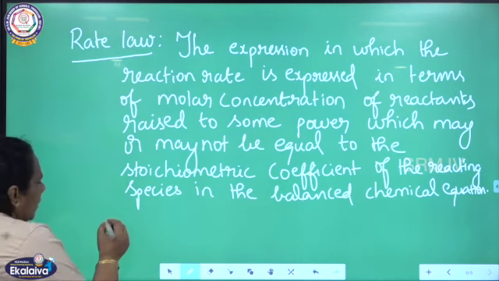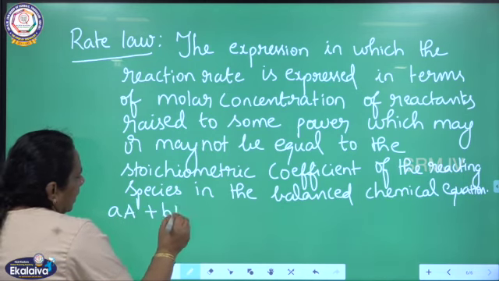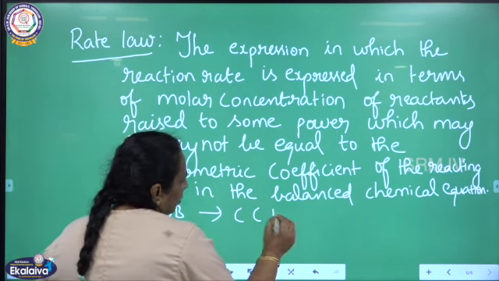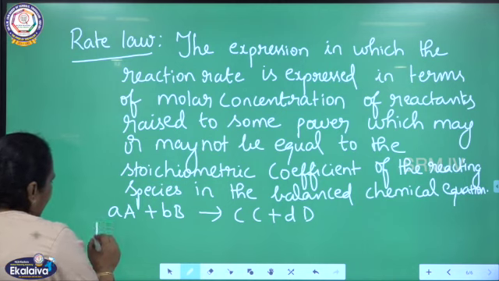For example, a moles of A plus b moles of B gives c moles of C plus d moles of D. What is the rate of the reaction?